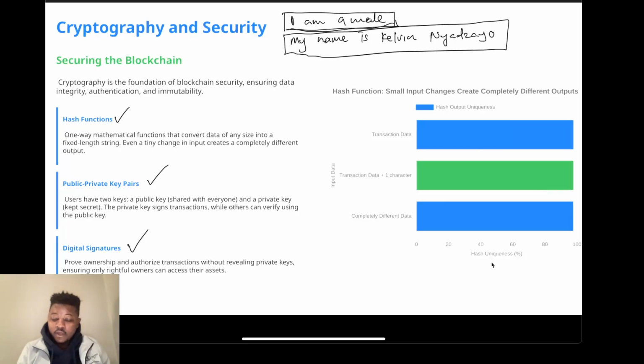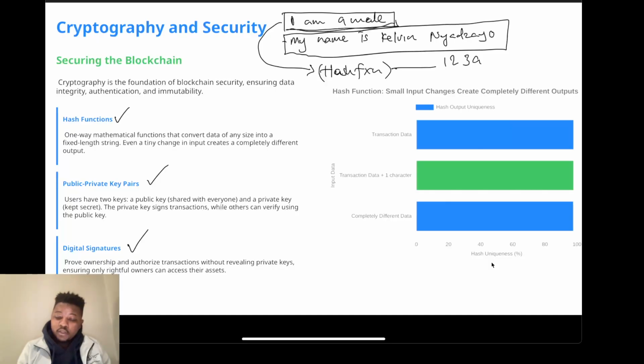So we have a hash function here, which is this algorithm. If we put this string into a hash function, it always produces, let's say, 1, 2, 3 A, right?